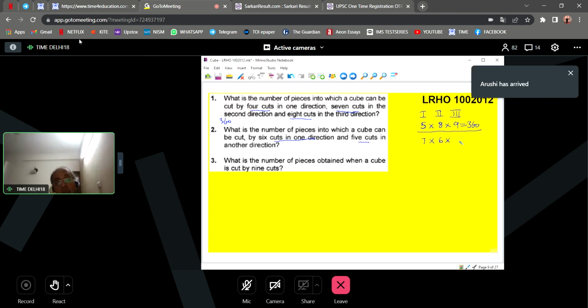And in the third direction, he has not applied any cuts. How many cuts has he applied? 0. So 0 plus 1, 1. 7, 6 are 42, 1s are 42. So you will get 42 pieces. Please try the third one and give me the answer.